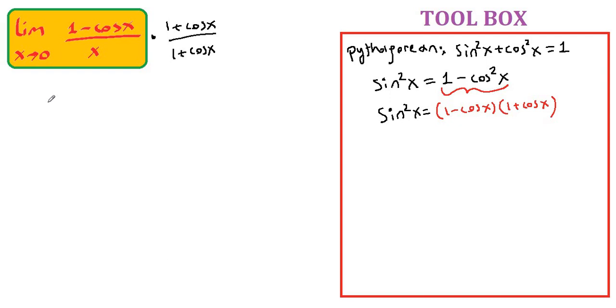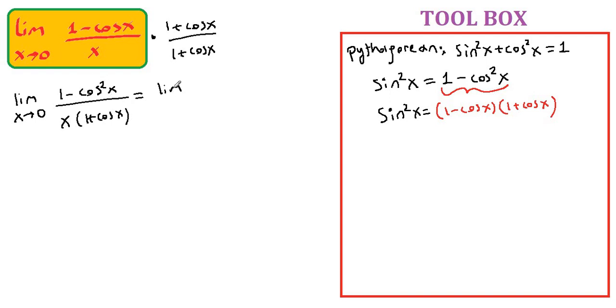On top, we obtain the limit as x approaches 0 of 1 minus cosine squared of x. In the bottom we obtain x times 1 plus cosine x. And we know that by the Pythagorean identity, that is equal to sine squared of x.